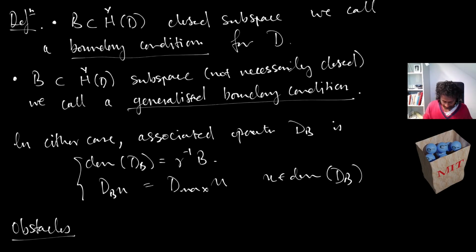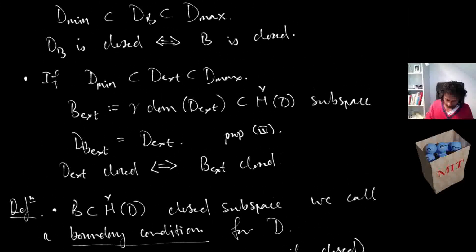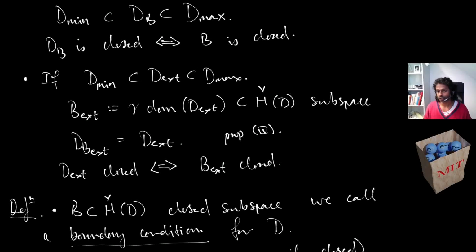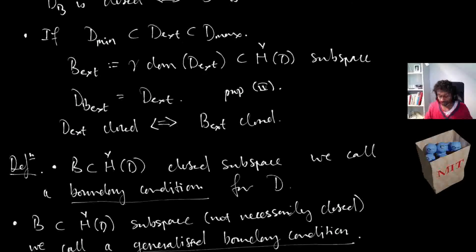So the point is that, as I said before, dB is closed if and only if B is closed. So often when we move on to things like spectral theory of these operators, if you have a non-closed operator, you're not going to have a reasonable spectral theory. So what we really need to know are closed boundary conditions. Boundary conditions correspond to closed operators, and closed operators are somehow the most important thing that we need to work with.